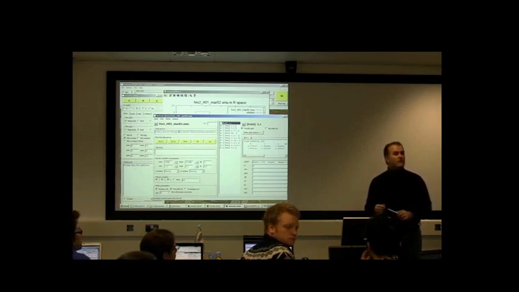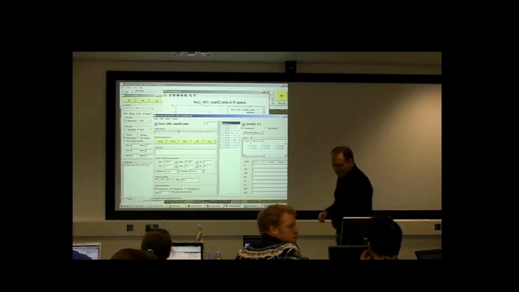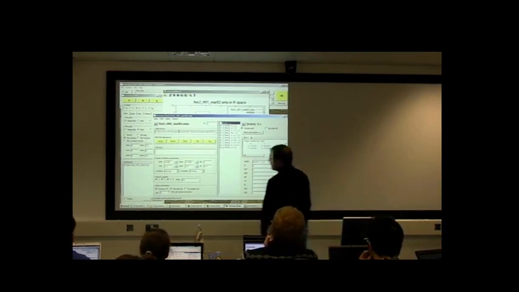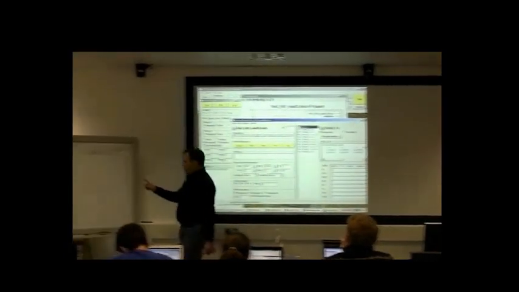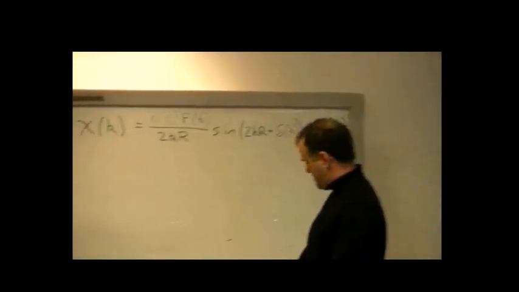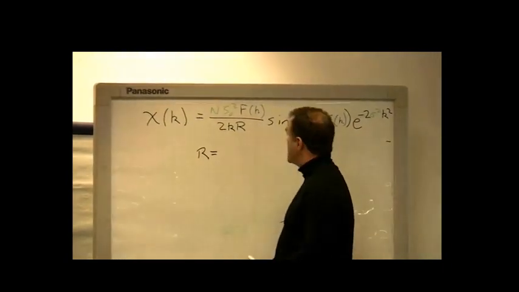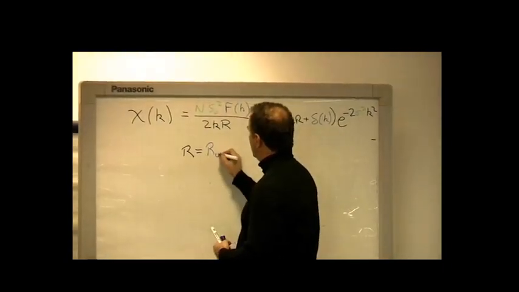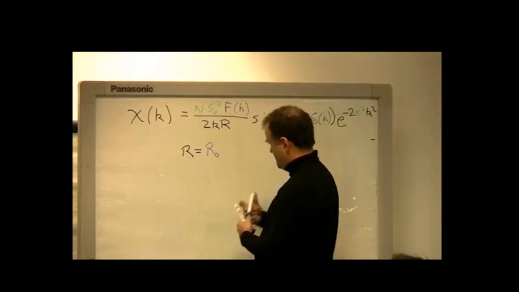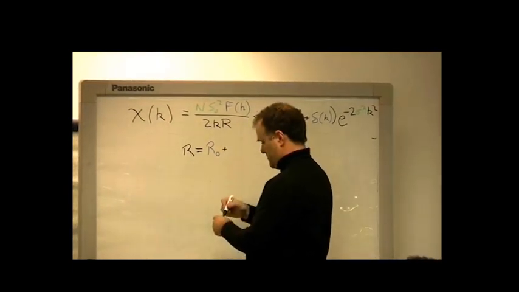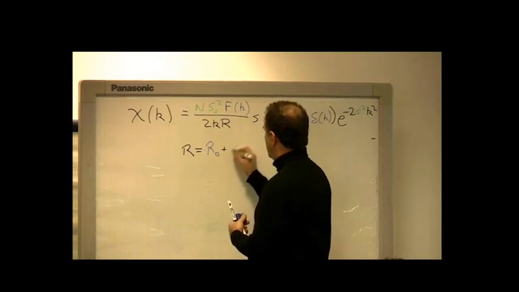Okay. All right. So now it's time to look at the EXAFS equation for a while. R equals R naught plus delta R. Okay.